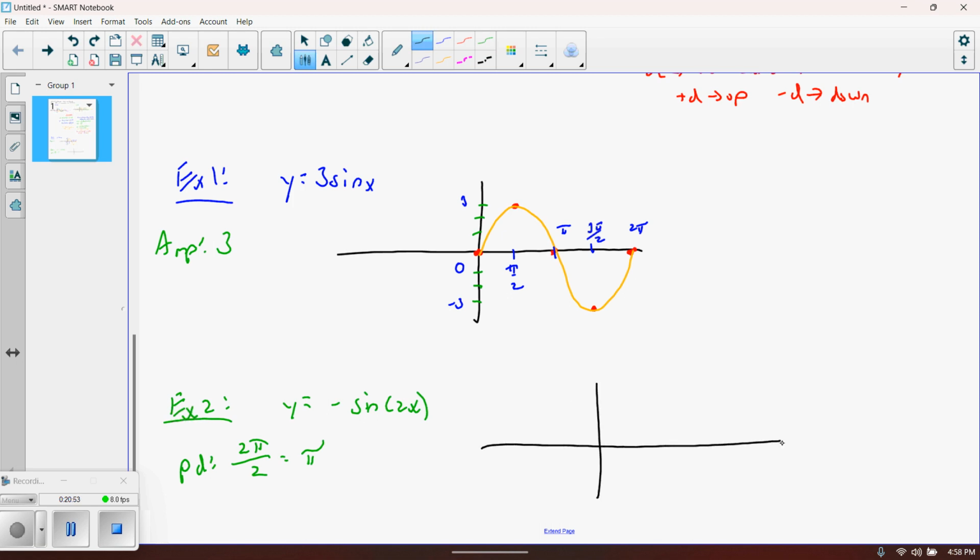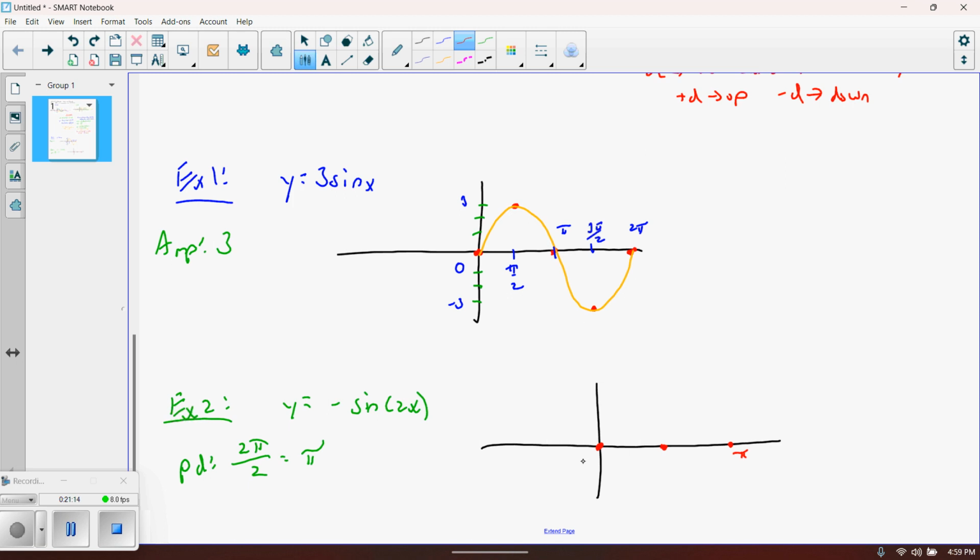Well, if that's the case, going back to my basic sketch, I know that it still starts at 0 because there was no vertical shift, there was no phase shift. It's still going to have to hit 3 points on the midline total. But now the difference is it's only going to take pi to get through the whole thing. So this one out here is actually pi.